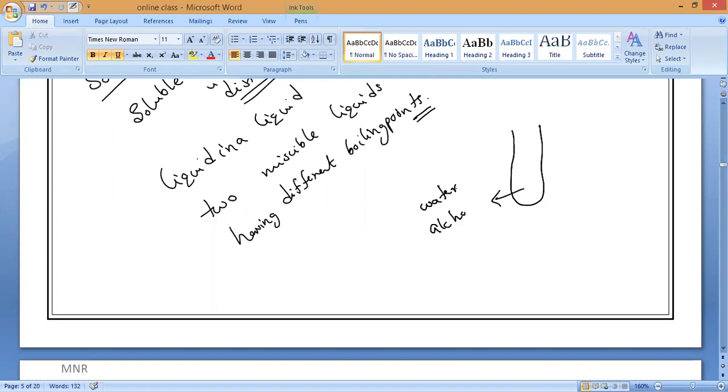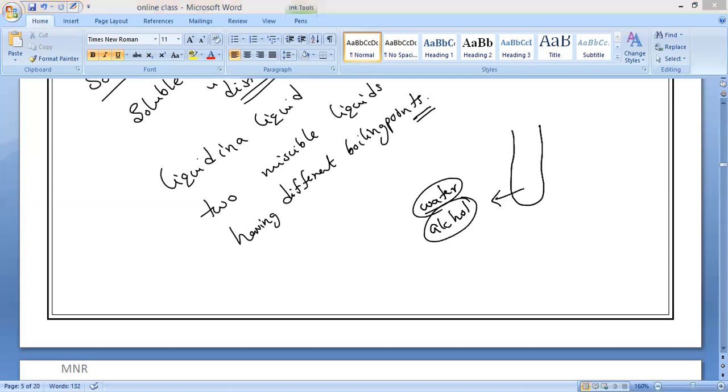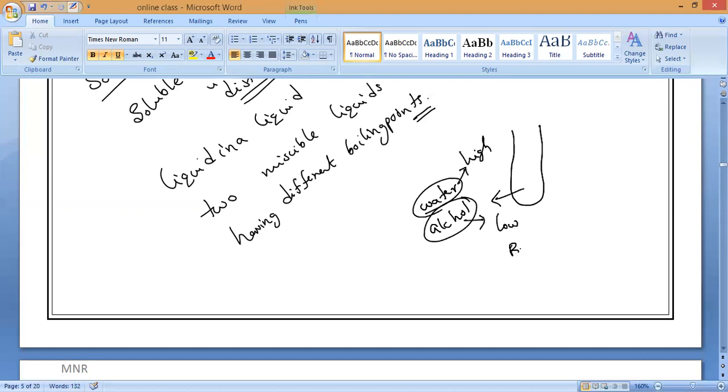Are both the same boiling point or different? Different boiling points. Who has the higher boiling point and who has the lower? Water has the high boiling point. Alcohol has the low boiling point. So who will evaporate first? Who will boil first? Alcohol.